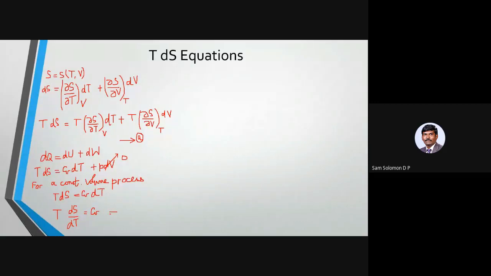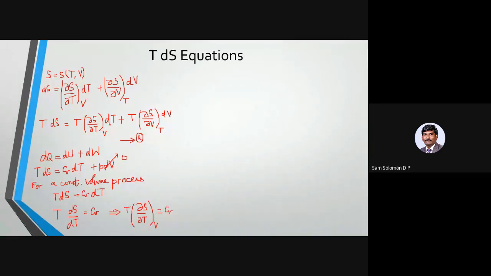The same equation I can also write as T times partial S partial T at constant V, and this is equal to Cv.